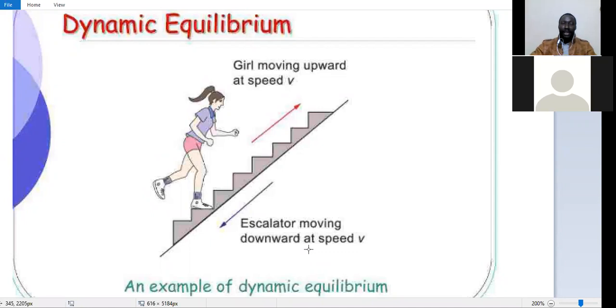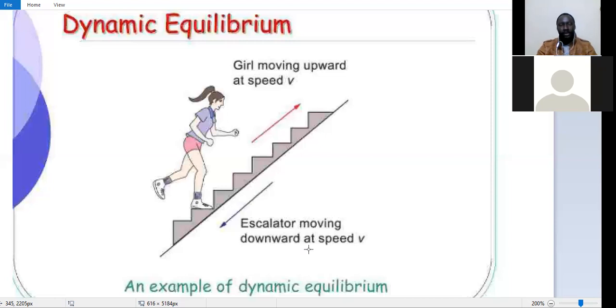So in a very precise way, we could say chemical equilibrium by definition is a dynamic equilibrium. It's a dynamic equilibrium when the rate of forward reaction equals the rate of reverse reaction. So now instead of talking about movement or exchange, here we are talking in terms of reaction. So we say chemical equilibrium is a dynamic equilibrium, okay?